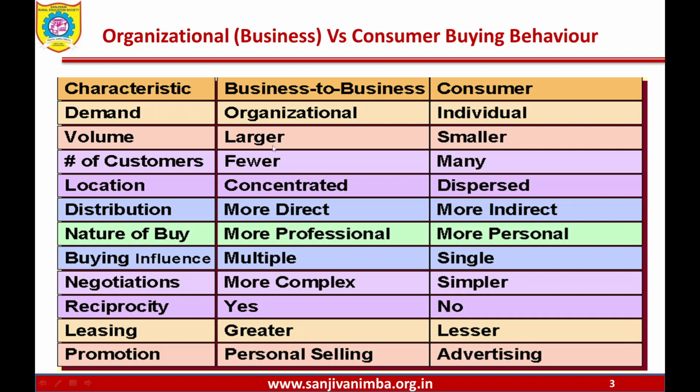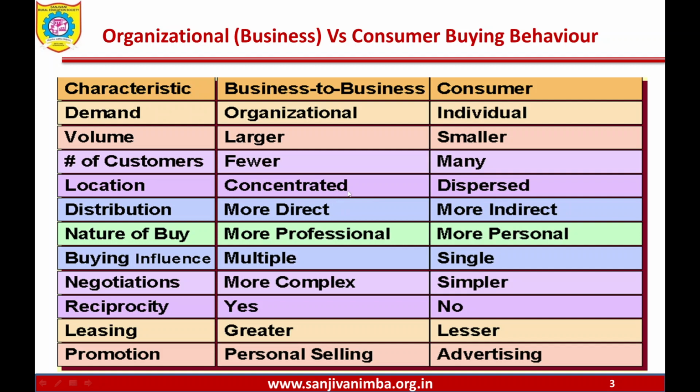Generally, in organizational buying behavior, the volume required is larger, and for consumers it is smaller. A laptop or computer for personal use may be one, and larger for an organization. In B2B, there are fewer customers, a few customers. But in consumer buying, you have to deal with many consumers.